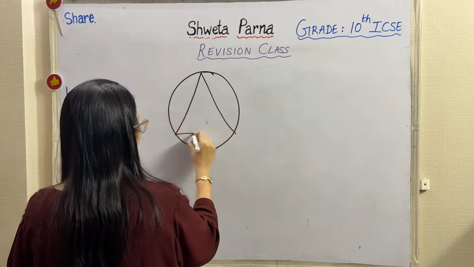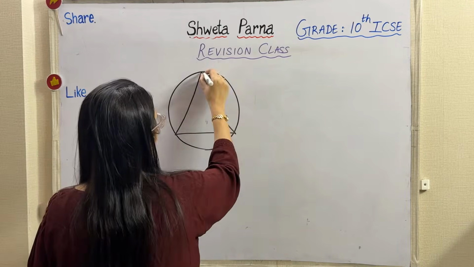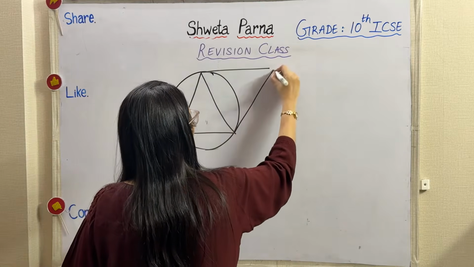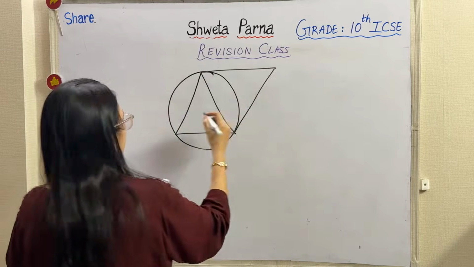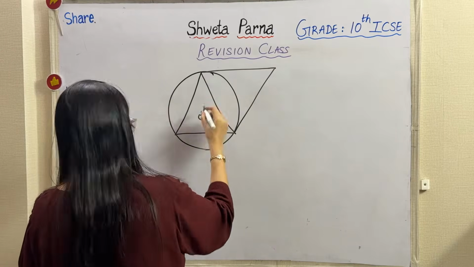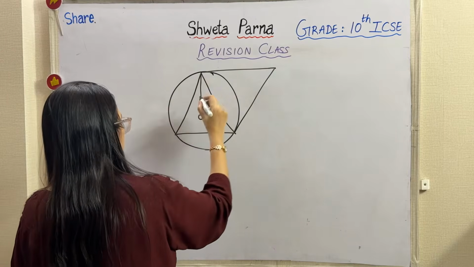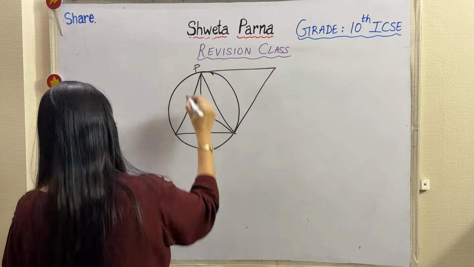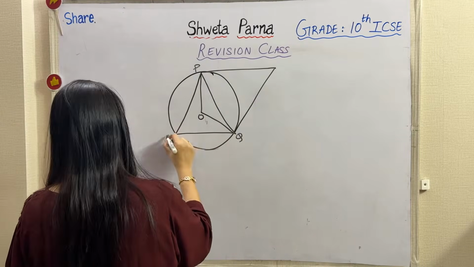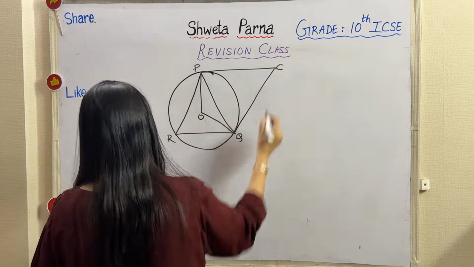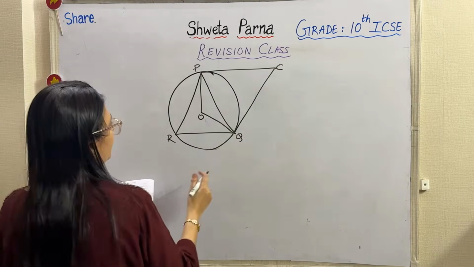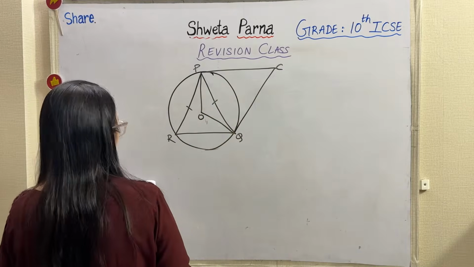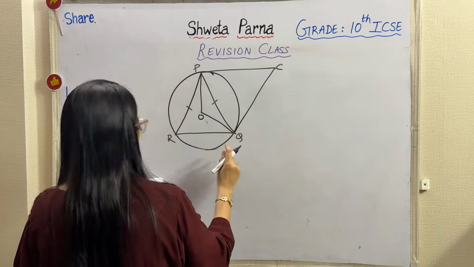I am giving you big sums out of both angle, cyclic and tangent. PQR and this is C. Okay, the information given is PQ is equal to QR.